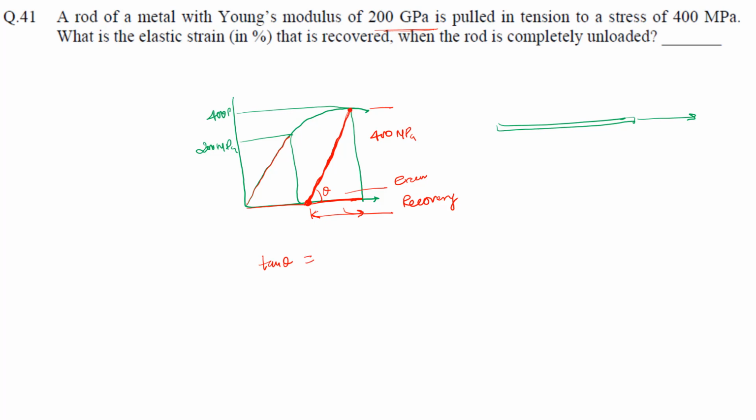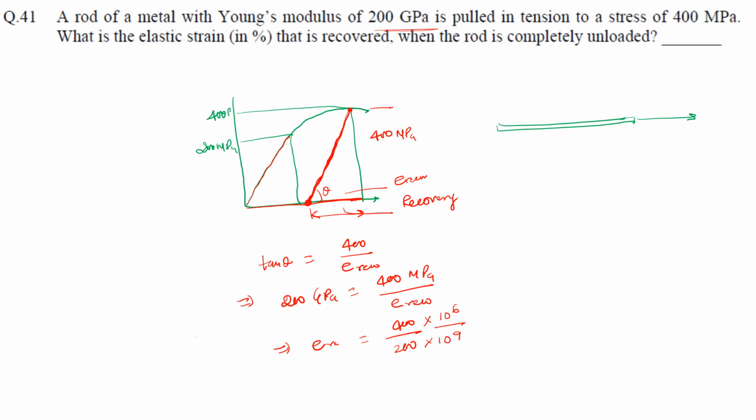Tan theta is equal to 400 by this E recover, and we know tan theta is nothing but the Young's modulus, or the slope. So it will be 200 GPa equal to 400 MPa by E recover. So E recover is equal to 400 by 200, and here it will be in MPa, so 10 power 6, and here it will be in GPa, so 10 power 9.